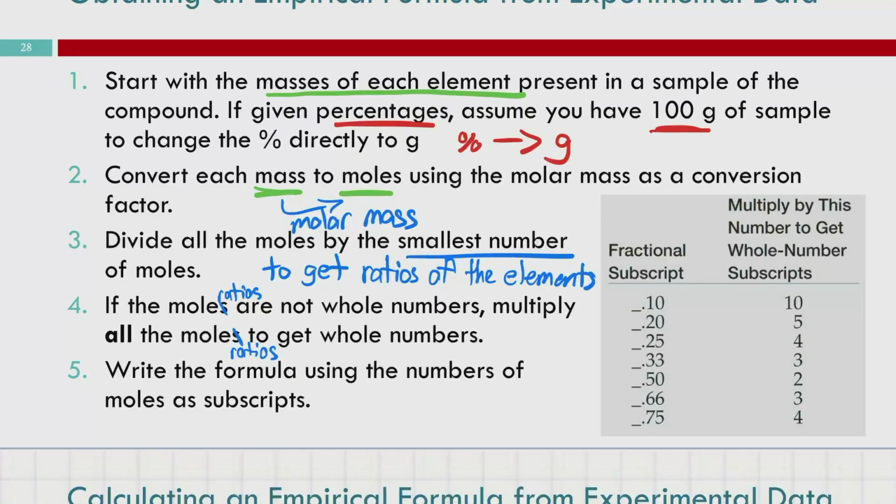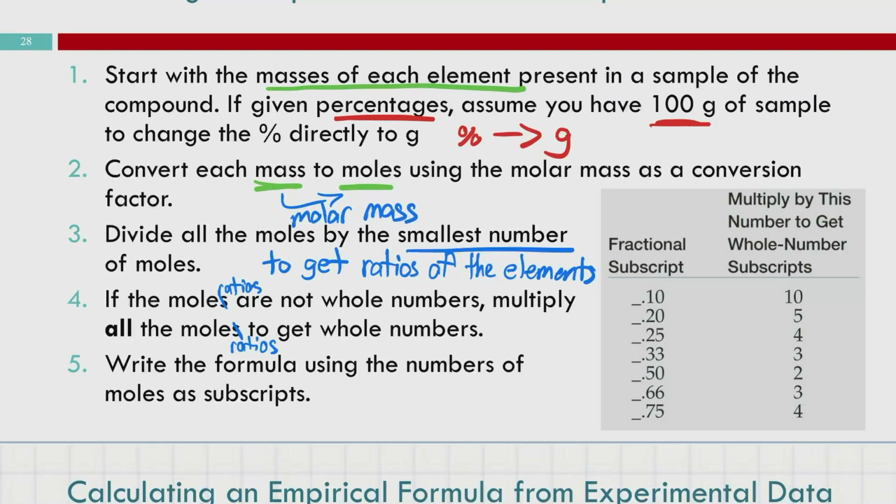For experimental data, we know that there's a little bit of plus or minus. We probably didn't do things perfectly, so I said go ahead and round that down to 1. On exams, in made-up problems, you're going to end up with something a lot closer to one of these fractional subscripts, or you'll just have whole numbers.